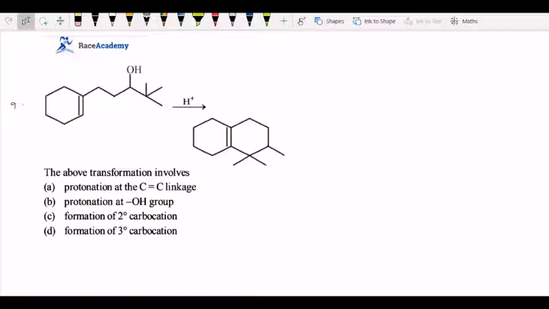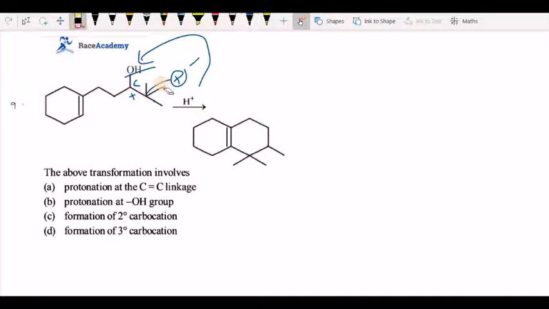As you know, once the OH is gone here, we will get a secondary carbocation. After the methyl shift happened here, we will get a positive carbon, that is a tertiary carbocation. And in the beginning we know that this H plus ion will attack, that is called protonation of this compound.